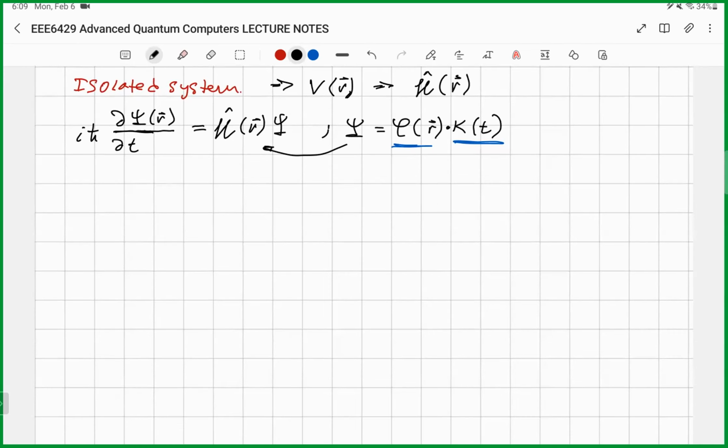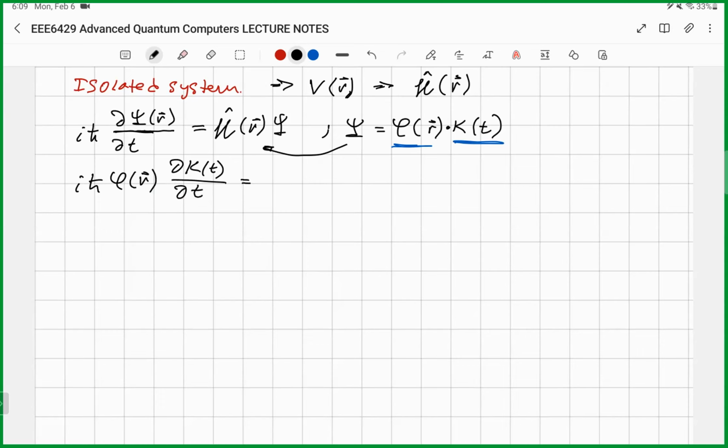And what I will get is i h bar times the time derivative of psi. I take only the time derivative of kappa, and I can take this phi of r out, and then goes d kappa dt.